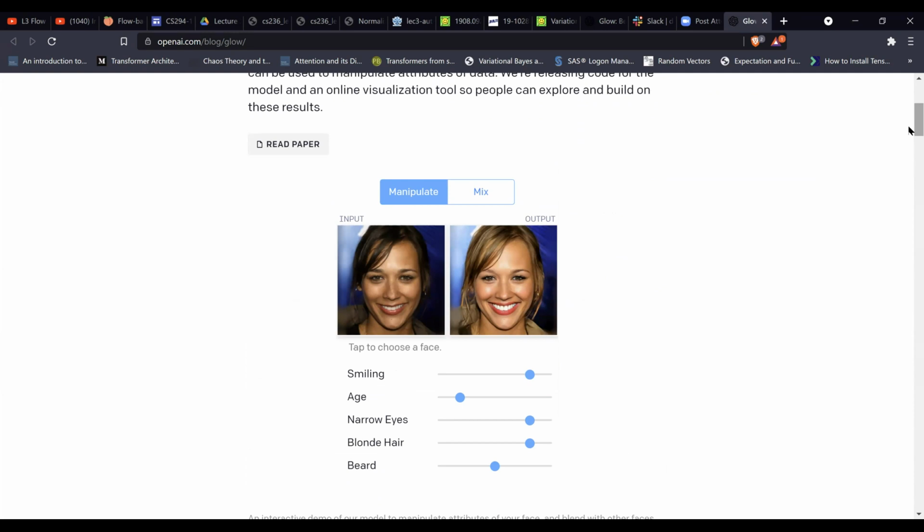You can say, okay, I've got this whole collection of pictures that look like they're smiling, and this whole collection of pictures that look like they're frowning or not smiling, right? And you can figure out the direction to go from one group of pictures to the other.